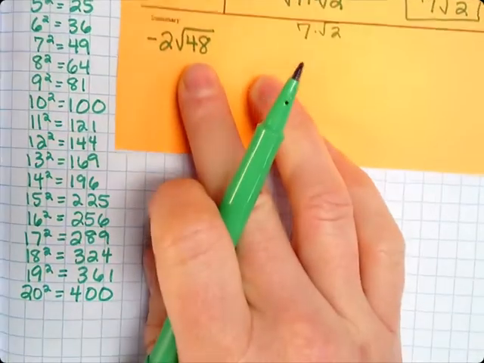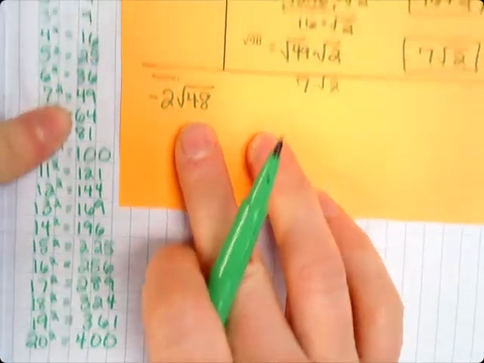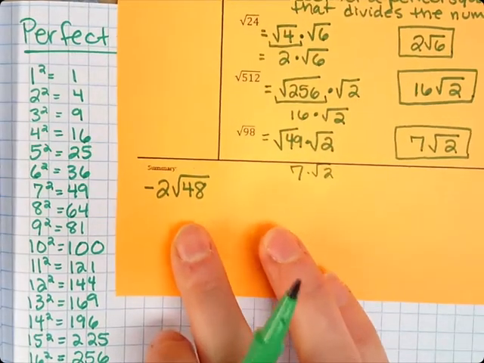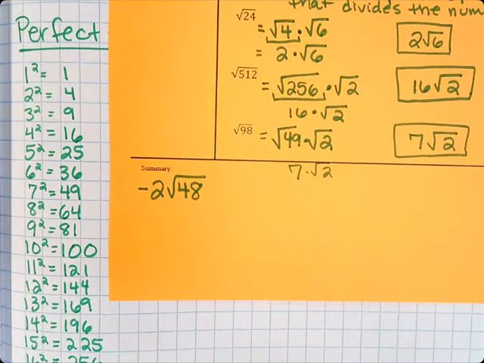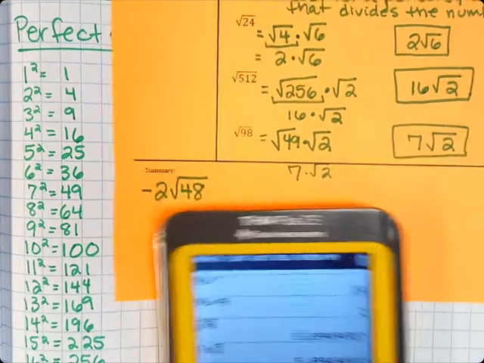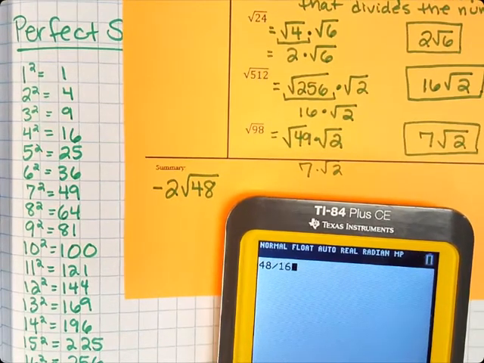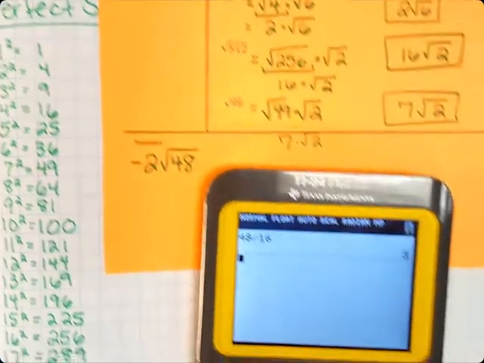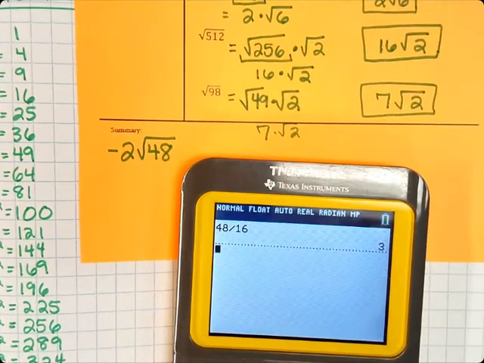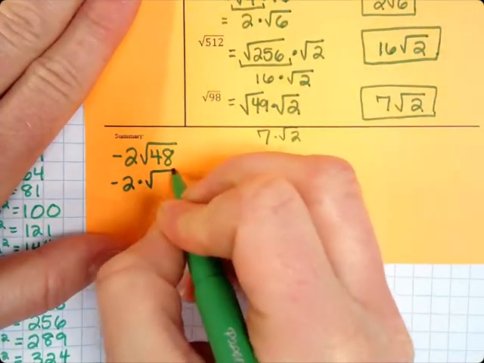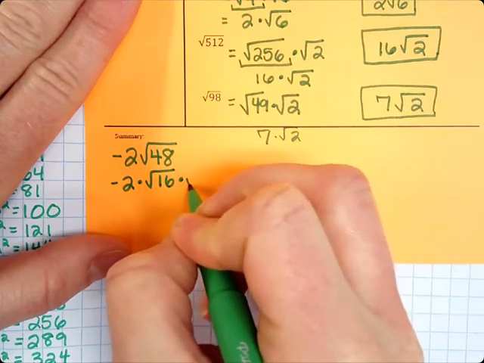So we need to look at our list and see what perfect square evenly divides 48. 16. 48 divided by 16. It's 3, yeah. So I'm going to rewrite it. -2 times square root of 16 times square root of 3.